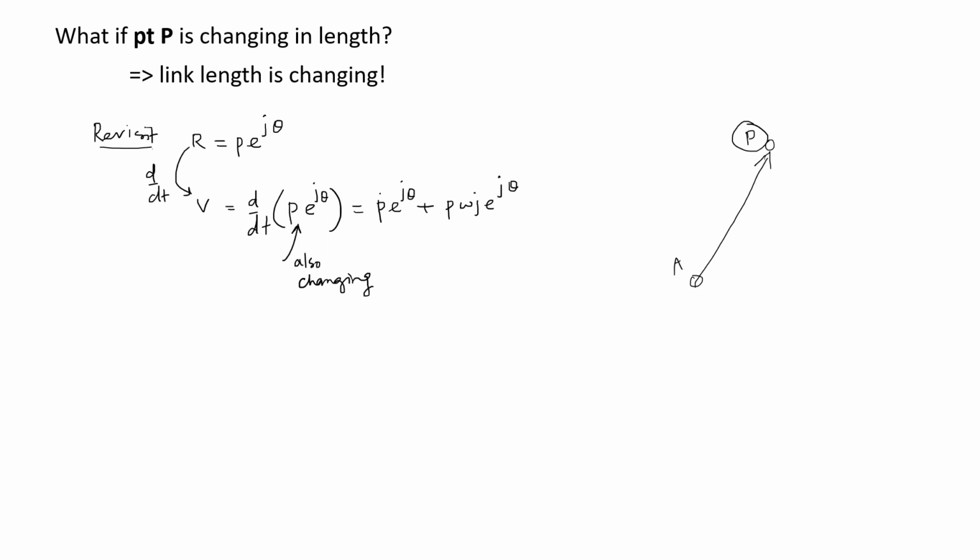Now when you take the time derivative once again to find out the acceleration, this turns out to be the time derivative of this full expression, p dot e raised to power j theta plus p omega j e raised to power j theta.